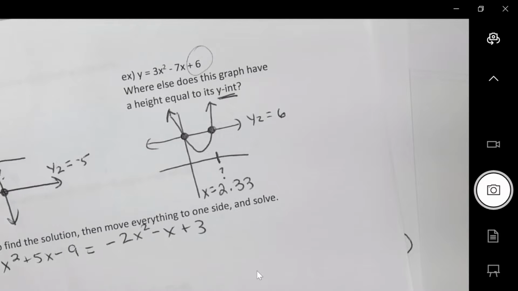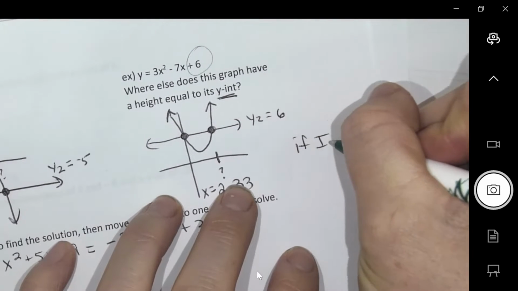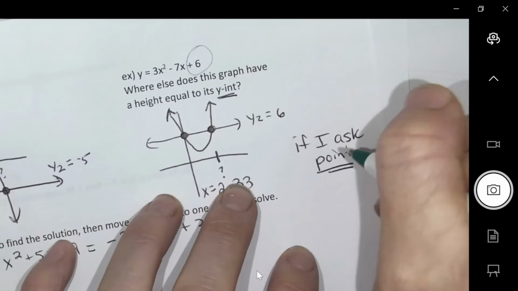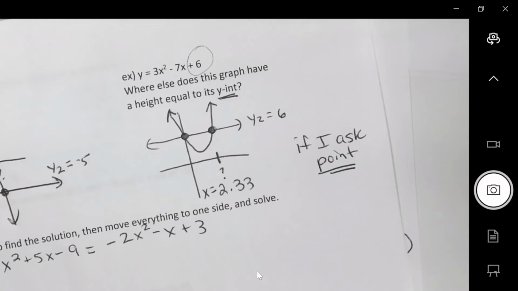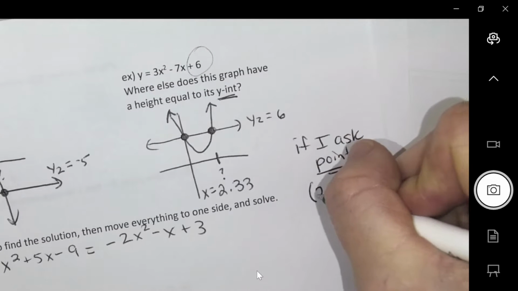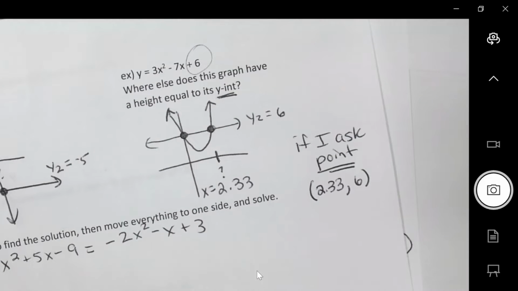So if I had said what other point, how would you write me the answer differently now? You would have to go 2.33, comma 6.